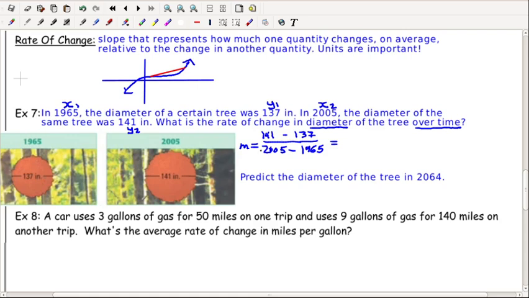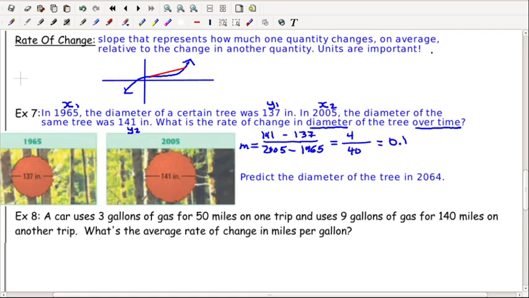You might need to type that into your calculator if you can't do that in your head, but 141 minus 137 is just 4. And 2005 minus 1965 is 40 years. So this is going to be 0.1.